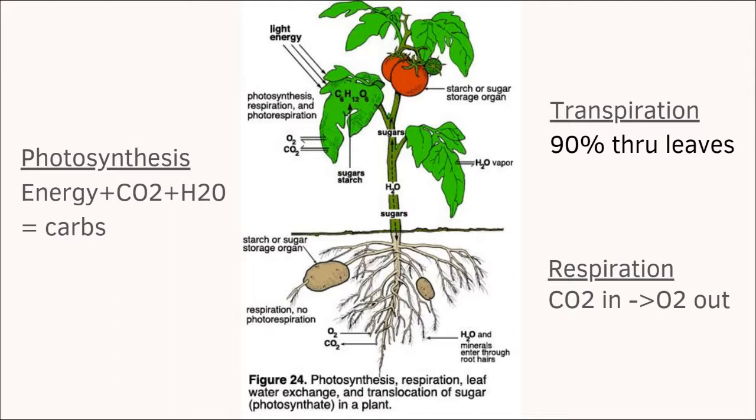In short, photosynthesis converts them to carbohydrates, starches, and sugars. Respiration, over to the right, takes those carbohydrates and converts them back into energy. And then, of course, as we all know, plants release oxygen.